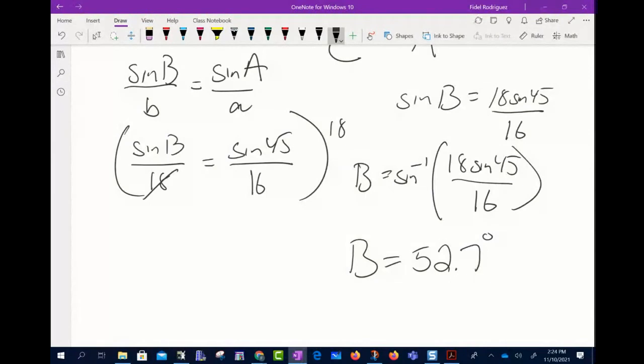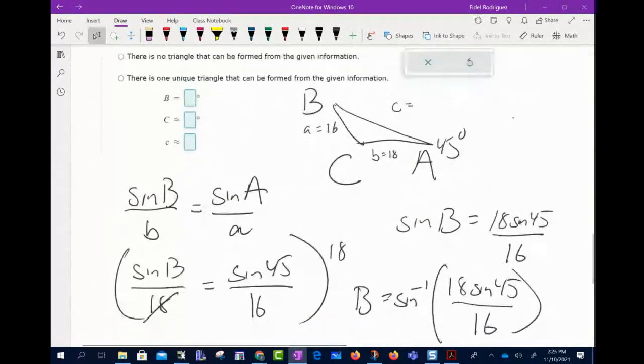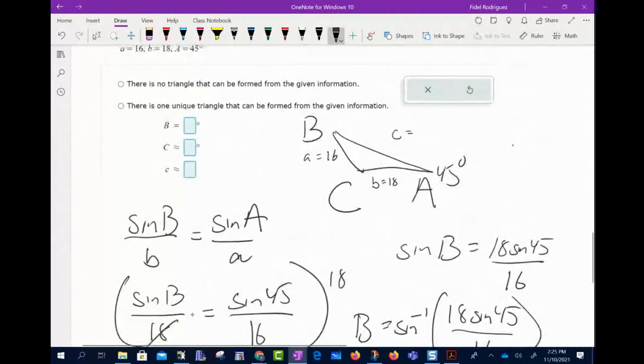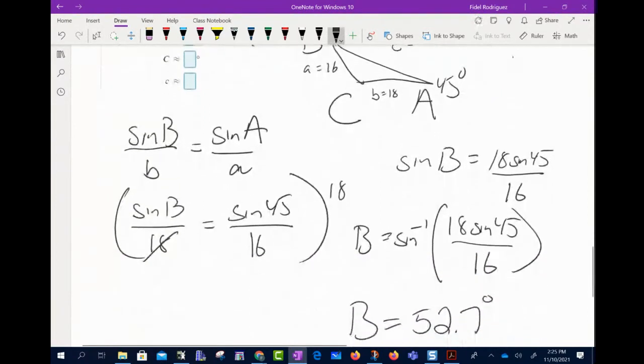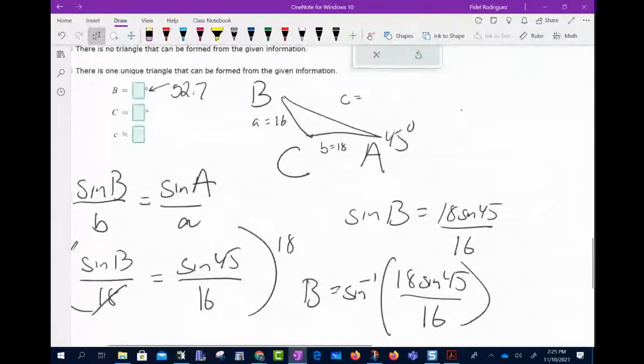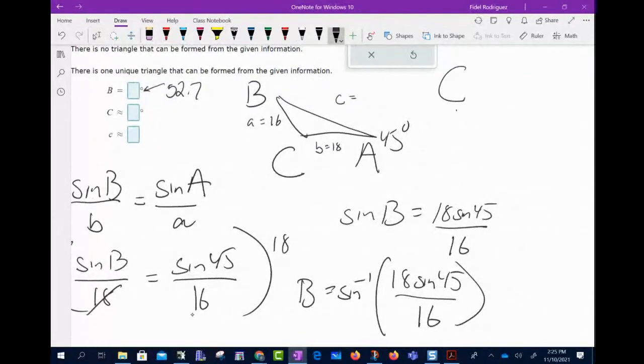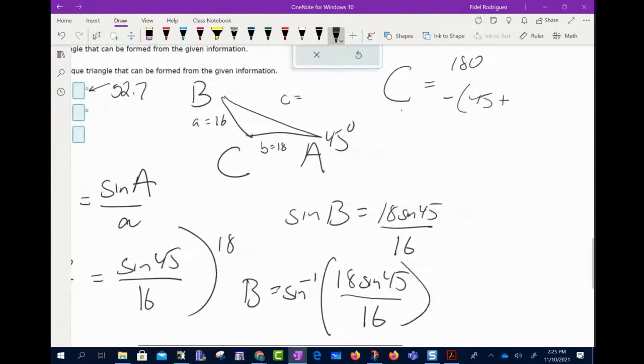All right, now that we found that, so we have our b, which is 52.7. Right here, y'all, I'm going to put 52.7, okay? Now, we were going to find our value for angle C. So for the value for the angle C, y'all agree we're going to take 180 minus A, which was 45, plus B, which we just found to be 52.7?